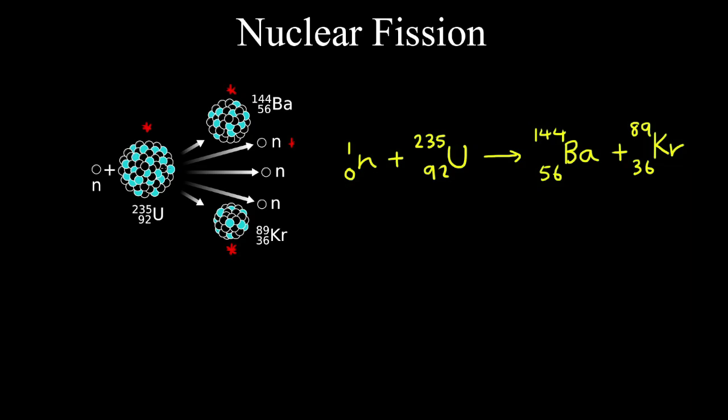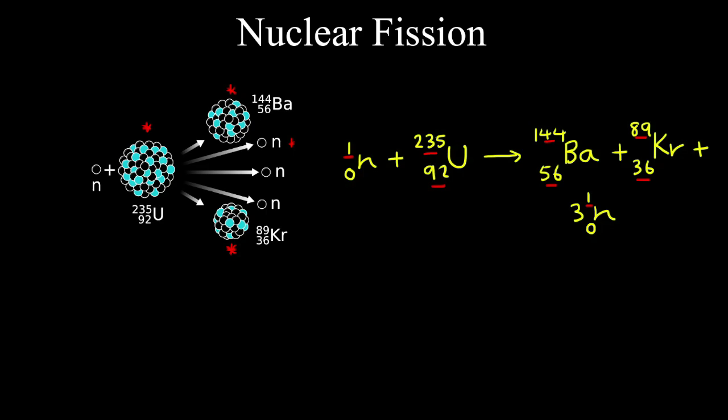And the nucleus of uranium is going to lose more neutrons. What we'd get in this case is 3 additional neutrons. We get 3 neutrons by the conservation of nucleon number. So 144 plus 89 plus 3 gives 236, which is 235 plus 1. And furthermore, by the conservation of charge, 56 plus 36 is 92.